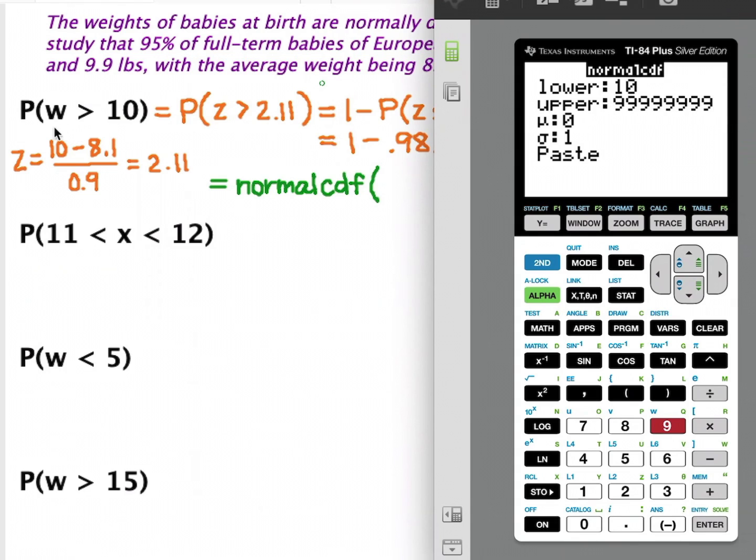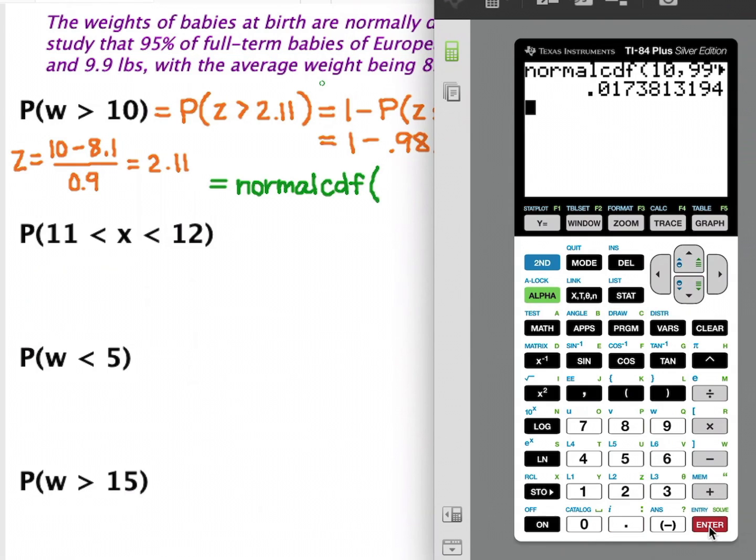That's going to be basically the same idea as a baby weighing greater than 10 pounds. And since I'm using weights, I'm going to want to go back and put in that actual average weight in pounds. Same thing for the standard deviation. When I push enter, it gives me 0.0174.